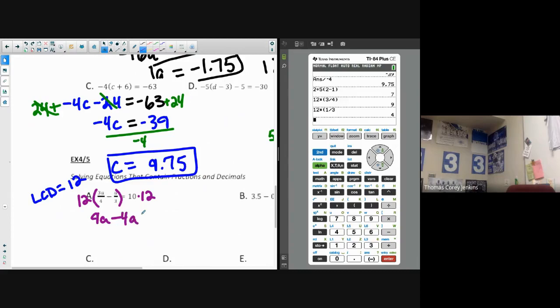And then equals whatever 10 times 12 is, that's 120. Now I'm just taking 9A minus 4A to get 5A. Then I'm dividing both sides by 5, so 120 over 5 is 24.